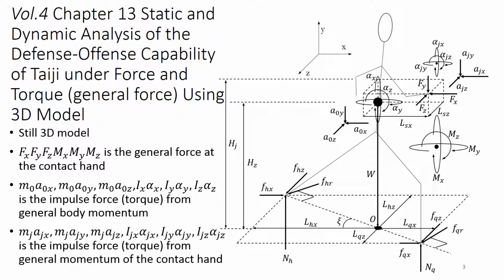MJAJX, MJAJY, MJAJZ, IJX alpha JX, IJY alpha JY, IJZ alpha JZ is the impulse force from general momentum of the contact hand.